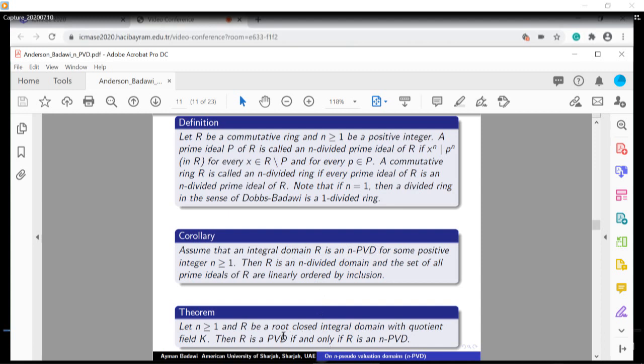Here is a nice result too. What about if your domain is root closed?